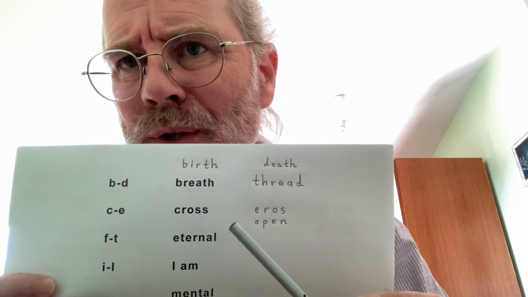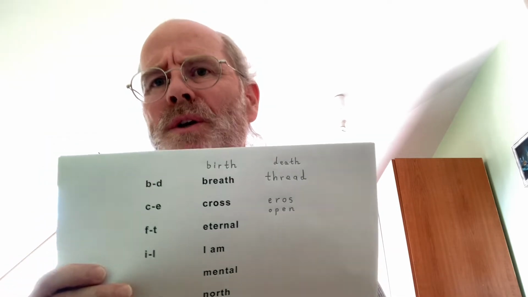You cannot engage in the act of making love without being open. And I think on the cross, God was open for our sakes. He couldn't give more of himself.